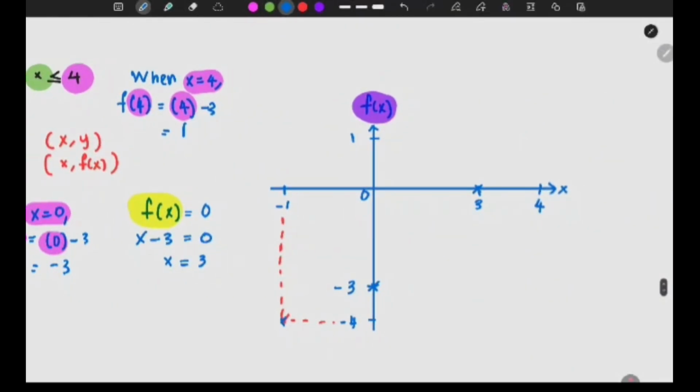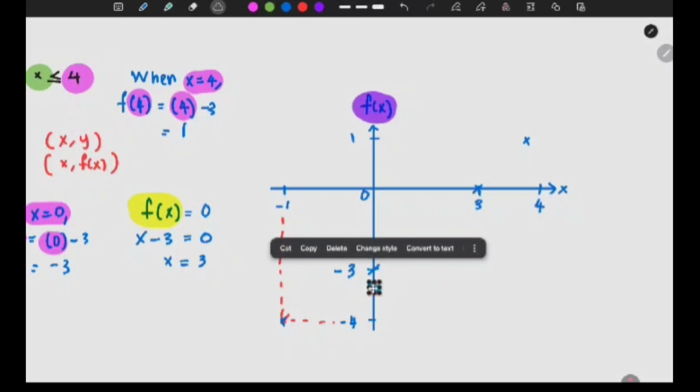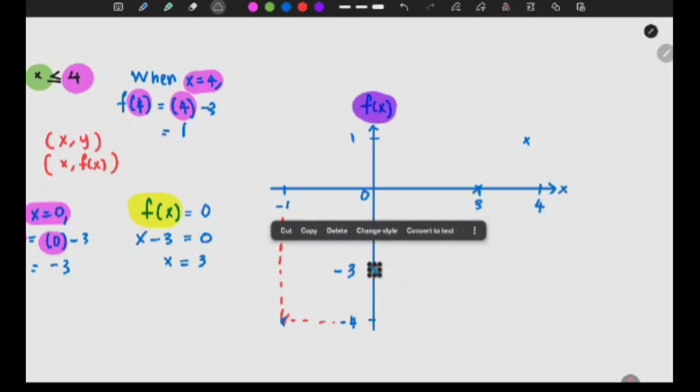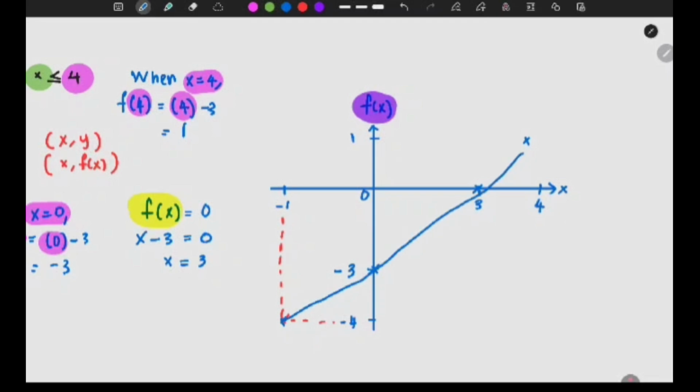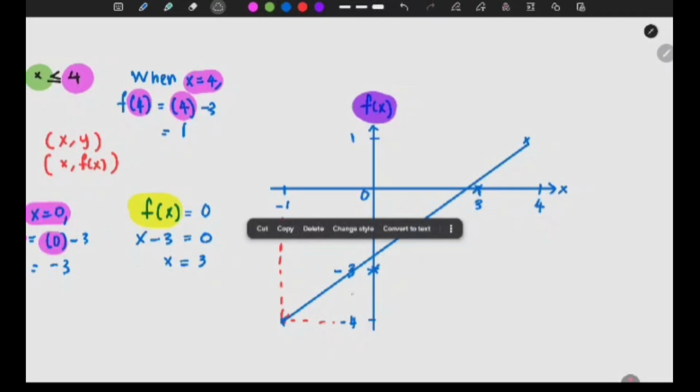So if you realize, you're getting a straight line. Maybe I should bring this on top. I hope roughly you should get about a straight line. Maybe my drawing is not too accurate, but let me adjust my graph so it looks better.